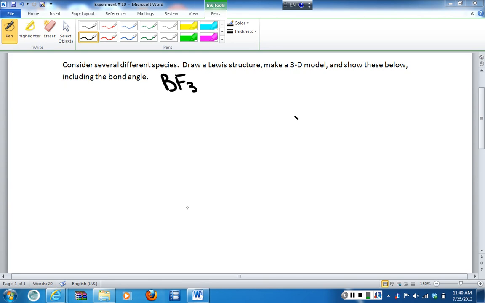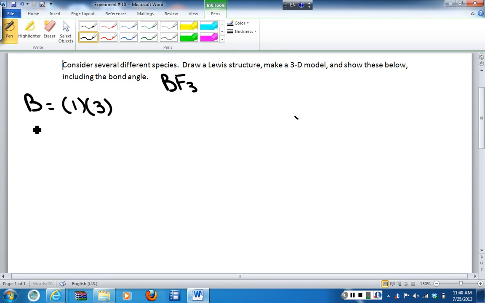The first thing that we have to do is determine the total number of valence electrons in the Lewis structure. Again, remember that the group number is equal to the valence electrons. Boron is in group 3 and there is one of them, so it has 3 valence electrons.